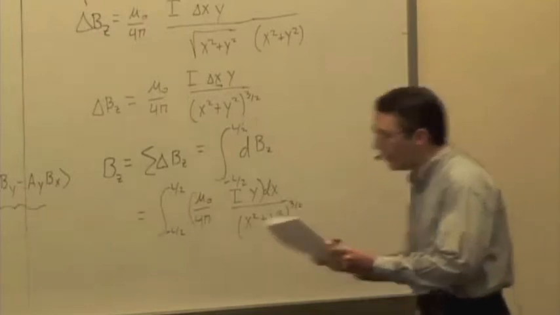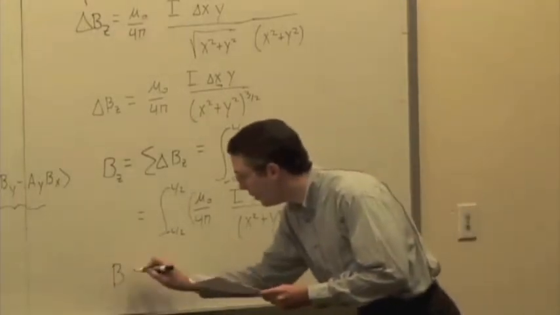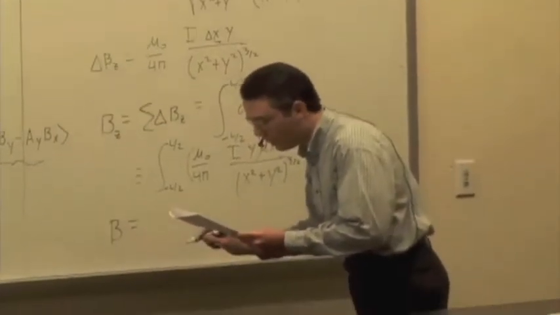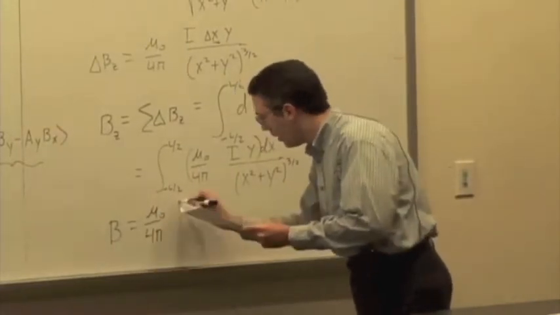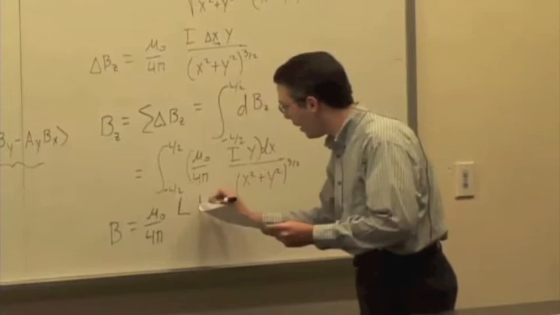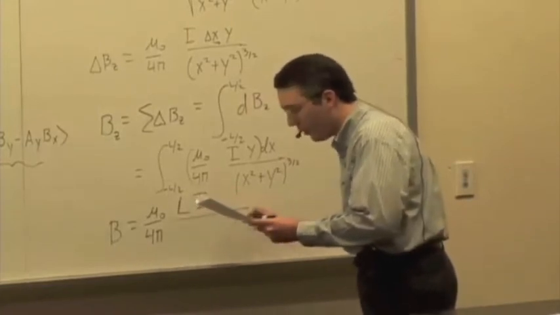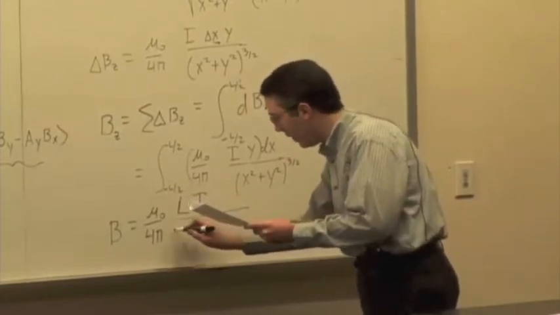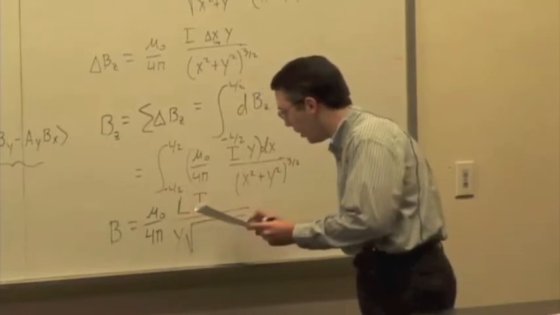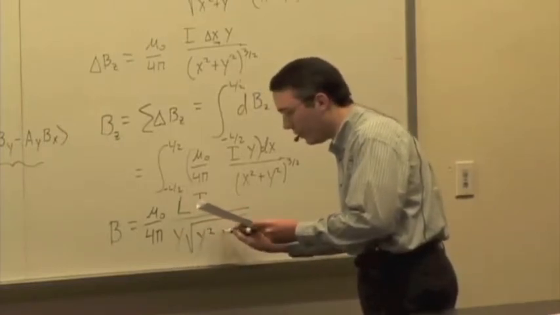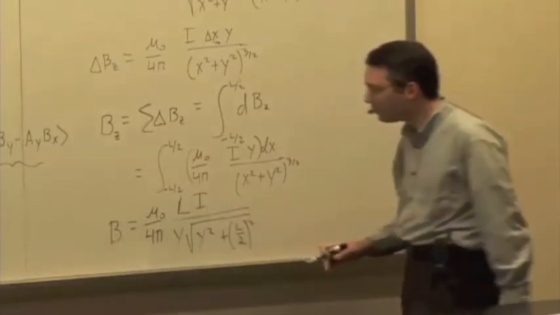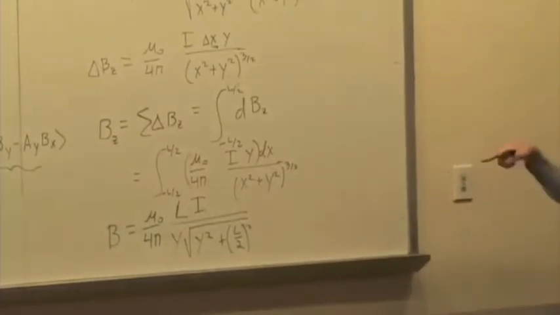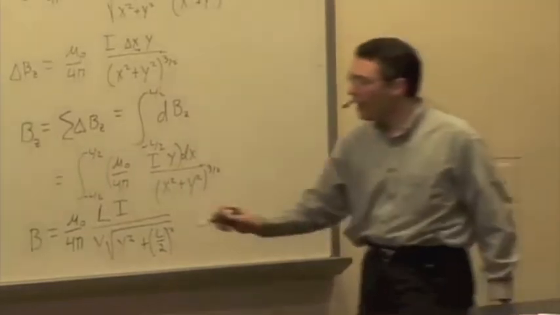The magnitude of the z component is going to be mu naught over 4 pi, L, the length of the wire, times I over y times the square root of y squared plus L over 2 squared.